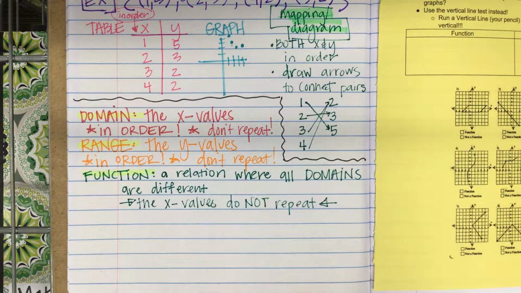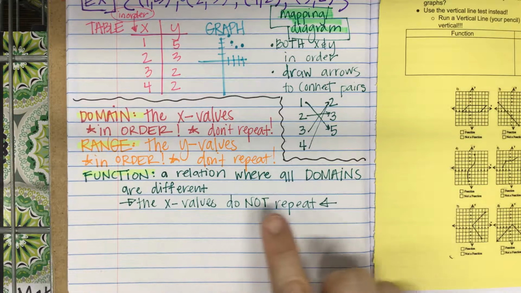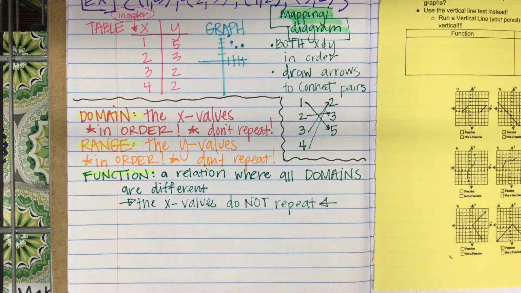But what that means is that your x values are all different. There are no repeating x values. Your x values cannot happen more than once. Each x value is different. Your y values, we don't care. They can be all the same. They can go 1, 2, 1, 2, 1, pattern back and forth.